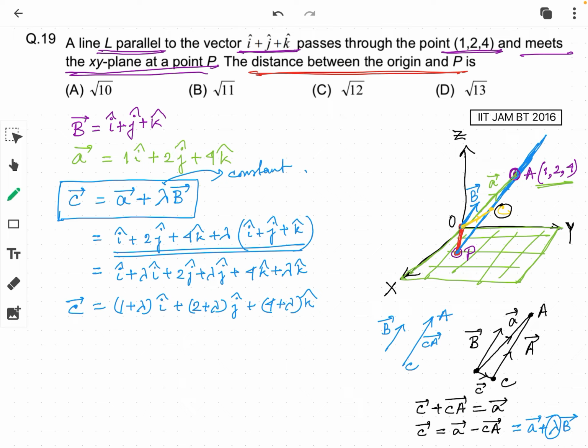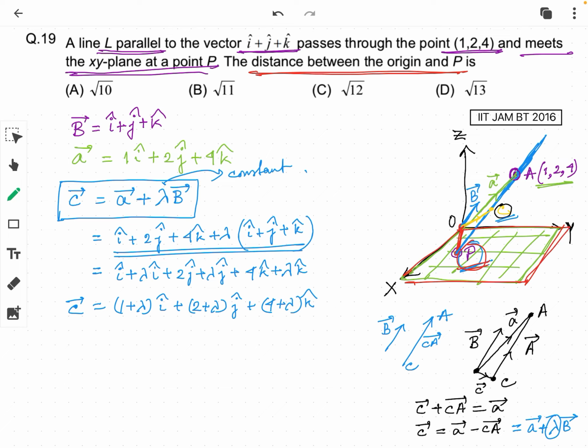Now see, the point C we have taken as any arbitrary point on the line L. So this point can be our P point also. The line meets the xy plane at the point P, so P is located on the xy plane.